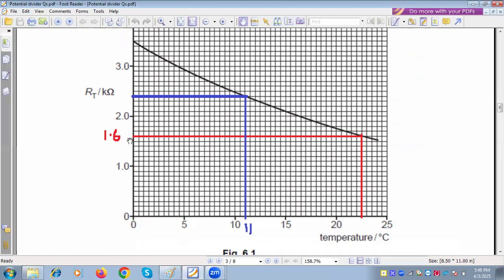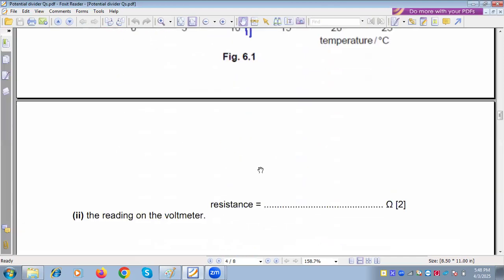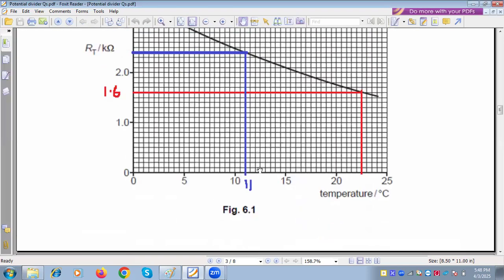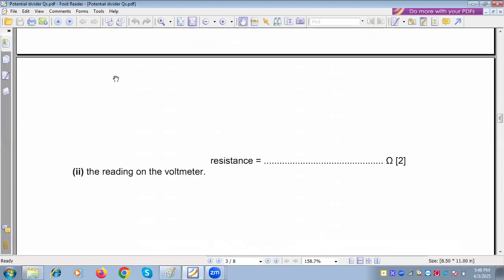It means 1600 ohm. So this is what we had to write. What is the resistance of this thermistor? 1600 ohms, and we have to calculate the total resistance between the 2 points.